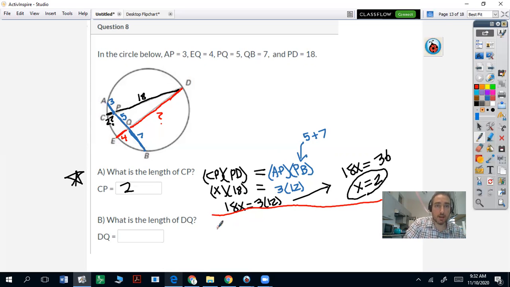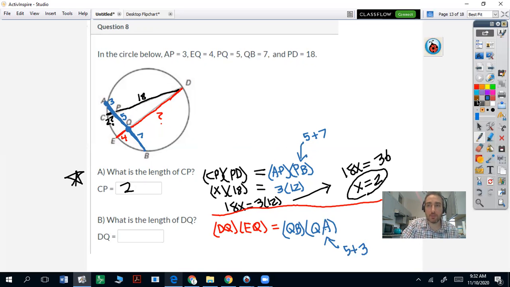I would say DQ times EQ is equal to, now Q is our cutoff point here, so it's QB times QA. So we got to go to this endpoint there, so QA. And QA is a combination of 2 segments, just like PB was. QA is going to be 5 and 3, so 5 plus 3.